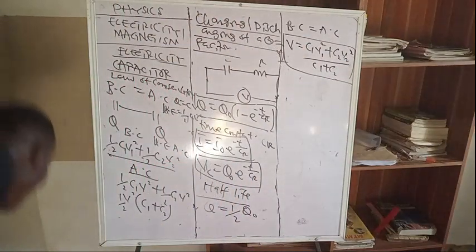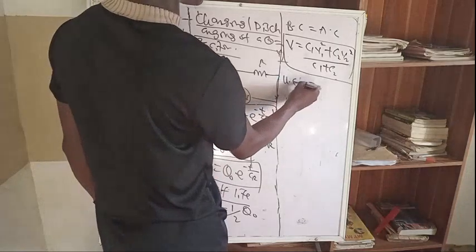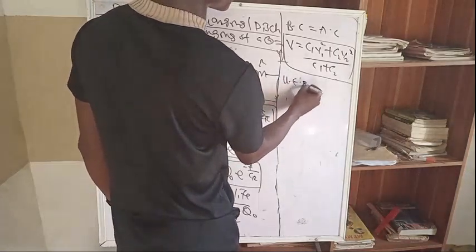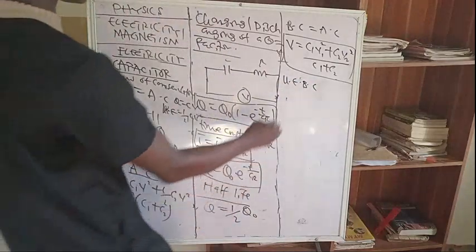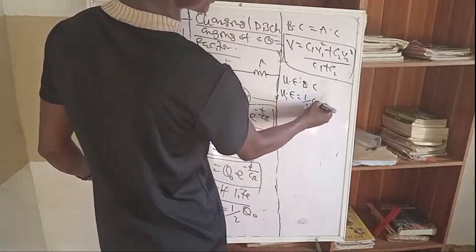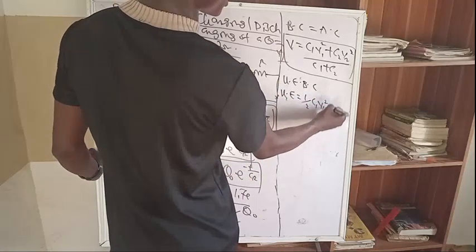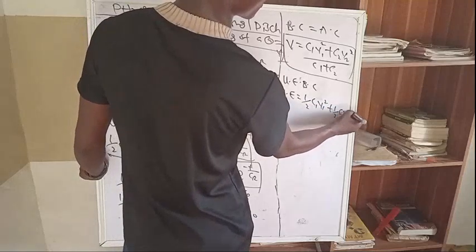Now, what is going to be the kinetic energy before connection? It is going to be 1 over 2 C1V1 squared plus 1 over 2 C2V2 squared.